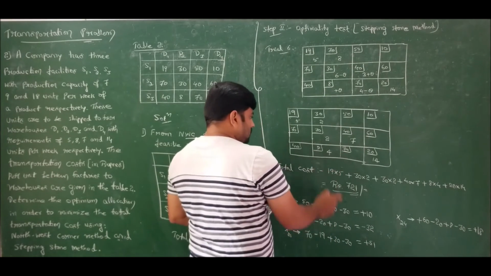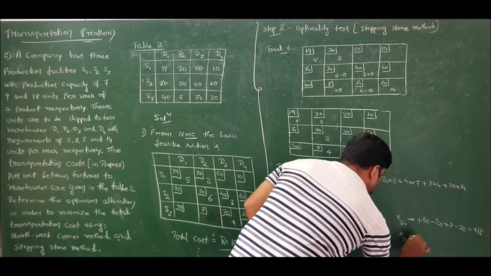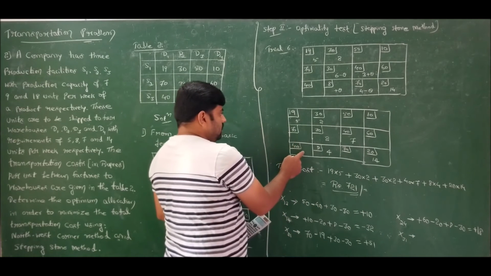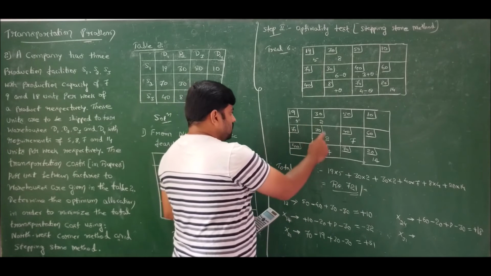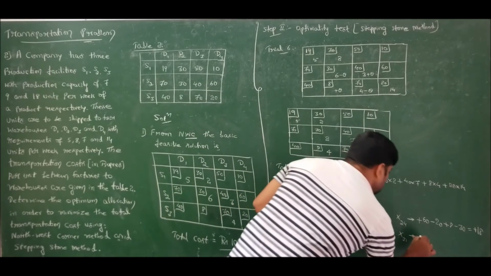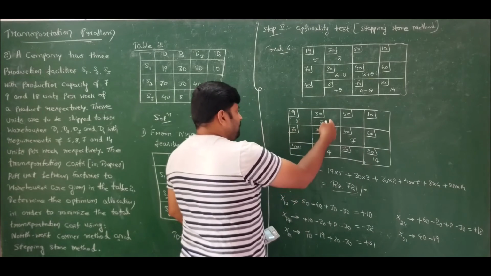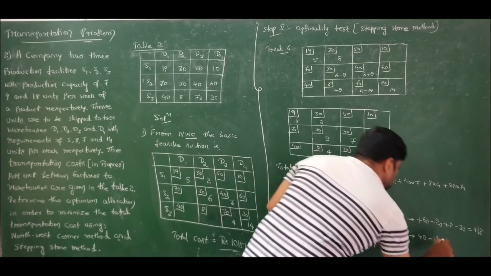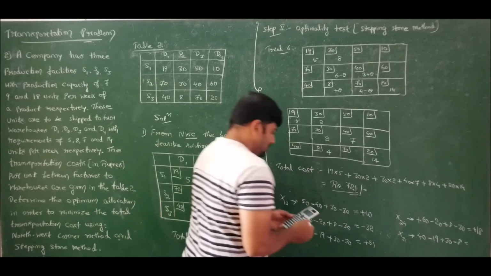We have two more. If I go for x31, now the loop will be like this. Therefore plus 40 minus 19, plus 30 minus 8.